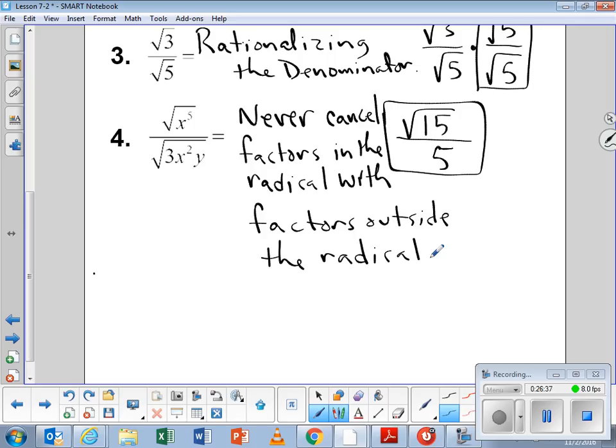Good deal? So I'll give you a little more than $2 today, and tomorrow you'll return me $5, and we'll call it even. Okay. So never cancel factors inside a radical with factors outside, because they're not the same number. They're not really the same factor.